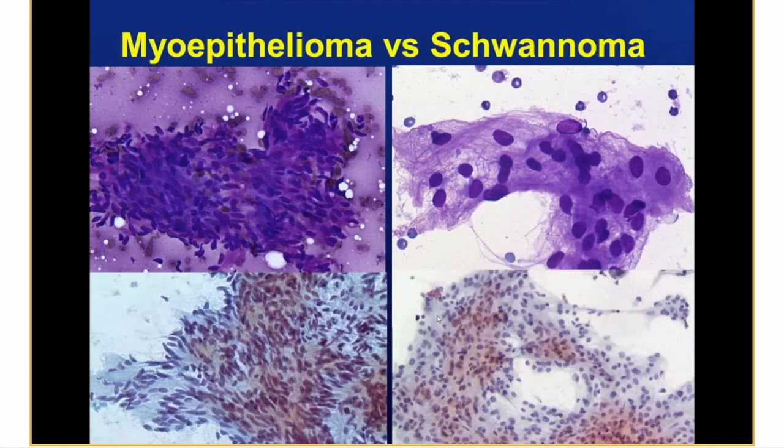Comparing myoepithelioma with schwannoma, you can see schwannoma does not always have spindle nuclei. Many times it just has oval to plump-looking nuclei, and it has this very characteristic filamentous cytoplasm.